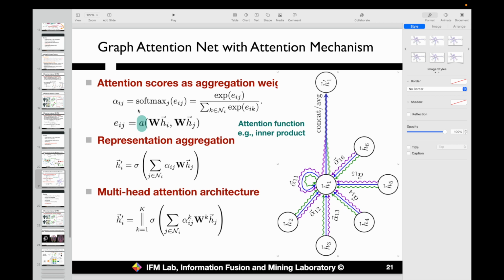By replacing the alpha ij into the updating formula for the GCN model, we can define a new model, which is called GAT instead. We can write the updating formula for the GAT model by the equation we show here. Inside, we still integrate all the nodes inside node i's neighborhood set.